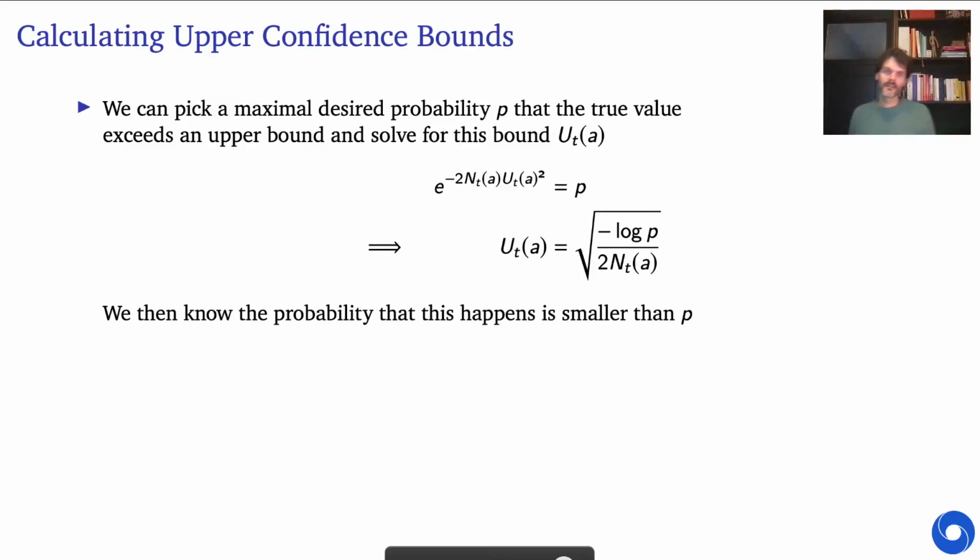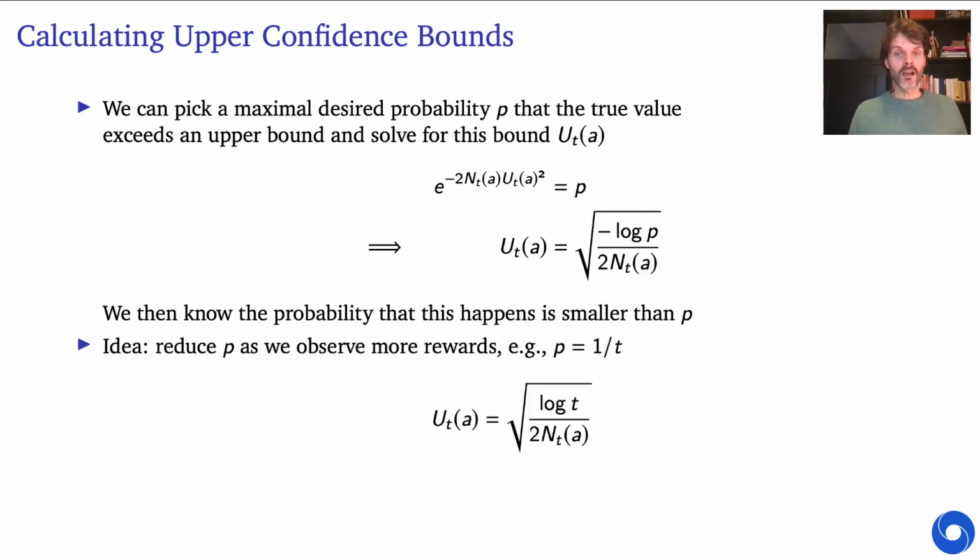But what does this mean? Well, if we pick U specifically in this way, then we know that the probability that the actual mean is farther away from our sample mean than this bound is smaller than this quantity P. And now we can pick P to be small and decrease over time.